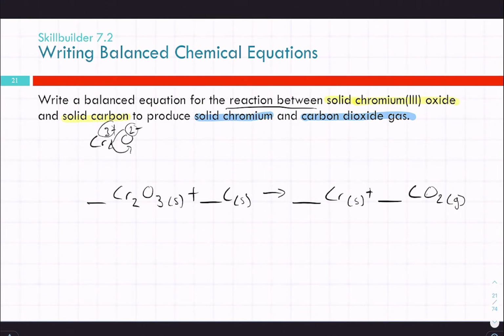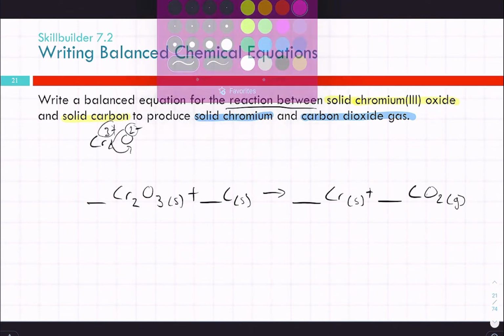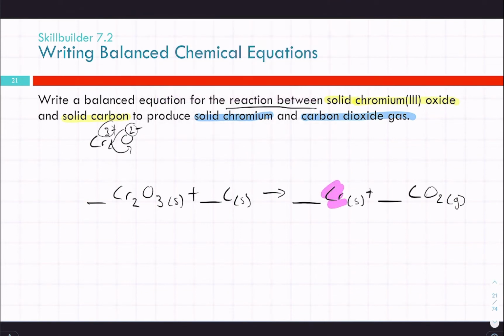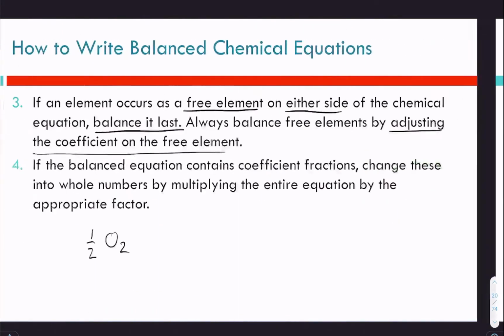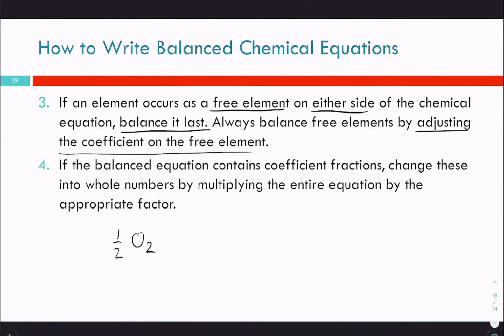So we'll balance chromium first. And then I think this rule 2, if an element occurs as a free element on either side of the chemical equation, balance it last. So it kind of contradicts with this here. Since both of them occur as free elements, we're going to start with chromium still.